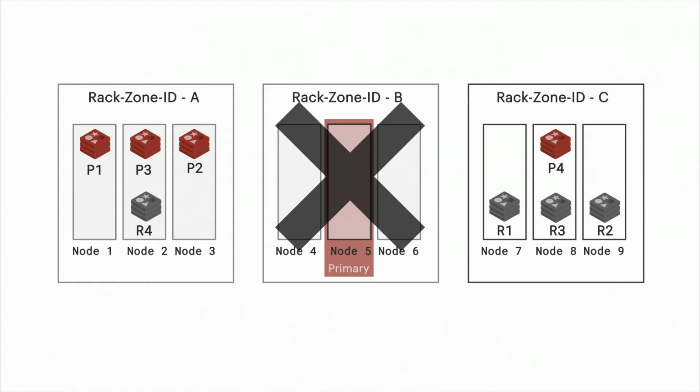When this happens, a new cluster manager is elected to make sure cluster operations keep working. It's in node 9 in rack zone C. A rack or availability zone went down, but we didn't lose data, and our application is still running.